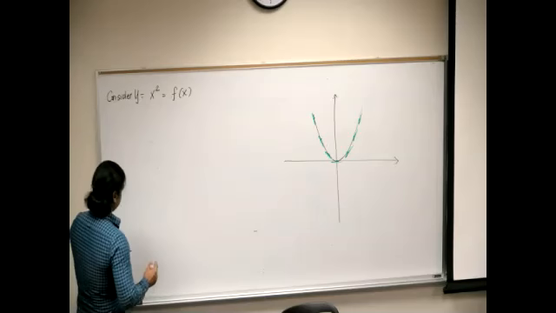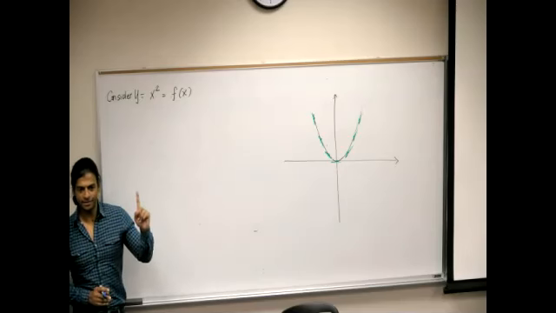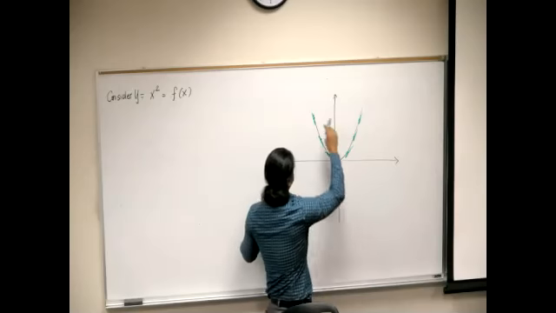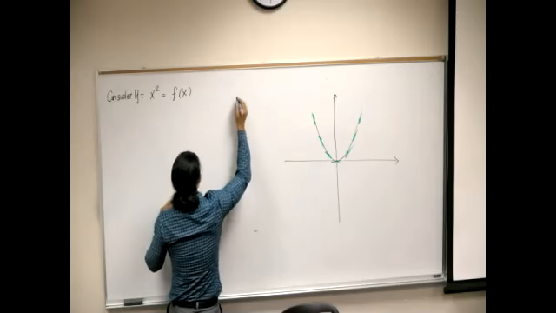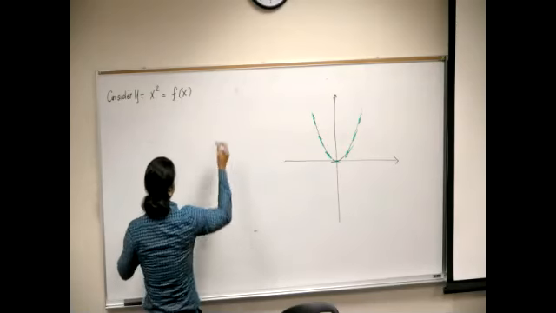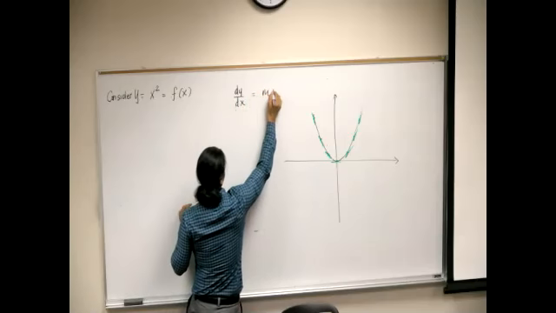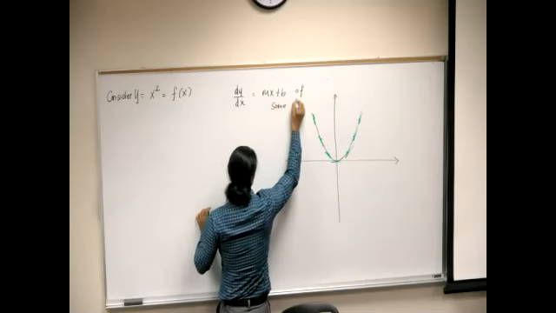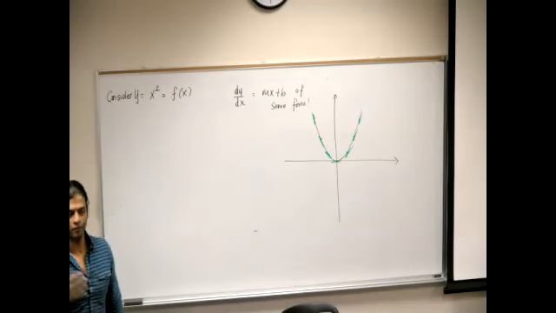So we already agreed that the derivative is going to be a line. Looking at this picture, no matter where you look, the derivative is going to be a line. It has to be mx plus b of some form.